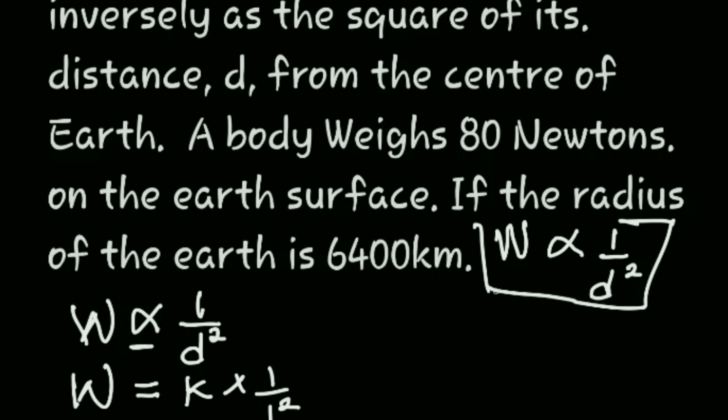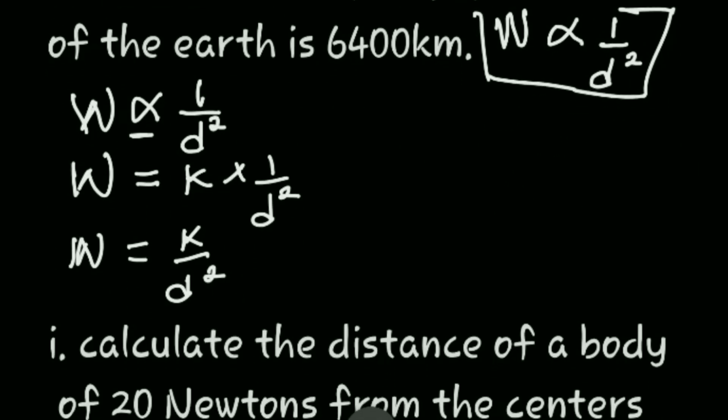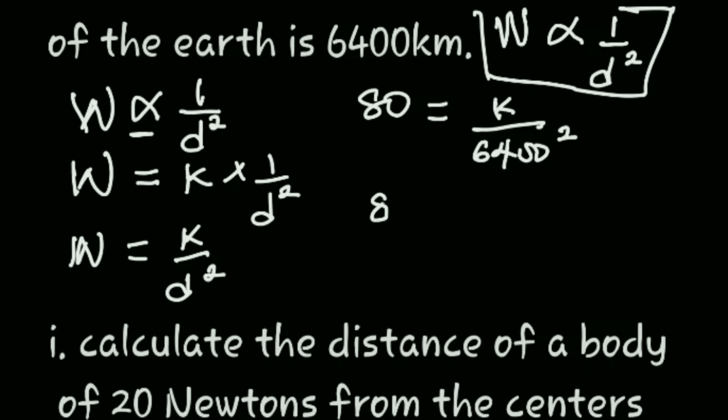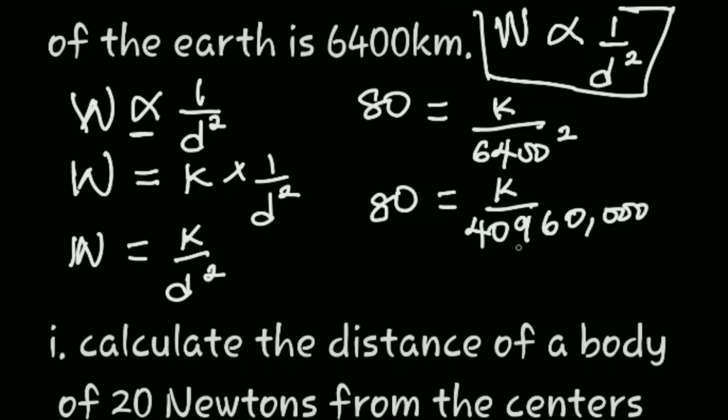So we're going to substitute this. Our weight, that is 80, equals K divided by 6,400 squared. When you evaluate this, that is going to give us 80 equals K divided by 6,400 squared. That's about 14,960,000.